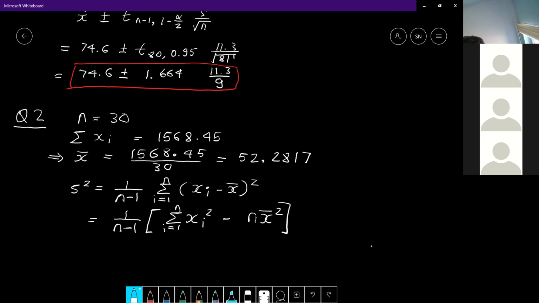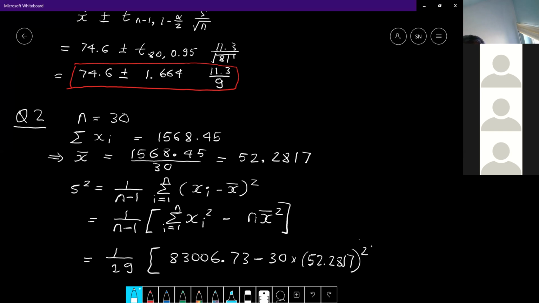Now, using the stuff that you're given, you can compute this, because n is 30 and n minus 1 is 29. The sum of xi squared is given as 83006.73 minus n, which is 30, multiplied by x bar squared, 52.2817 squared.